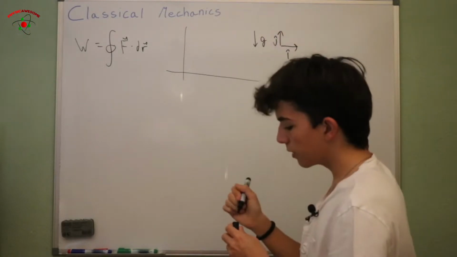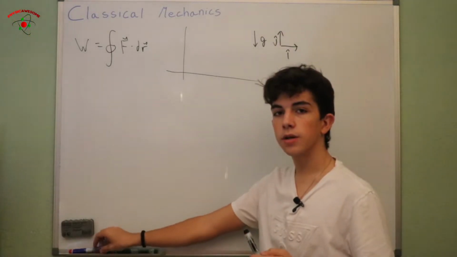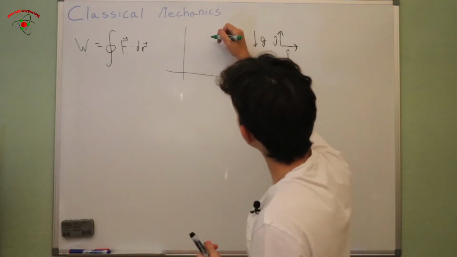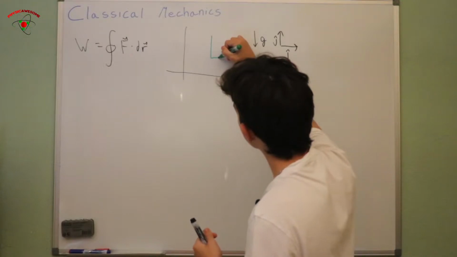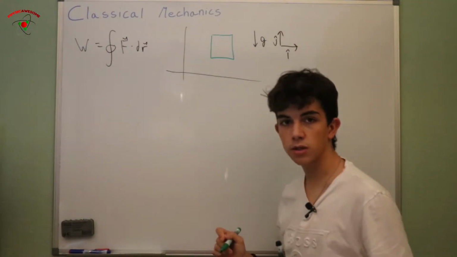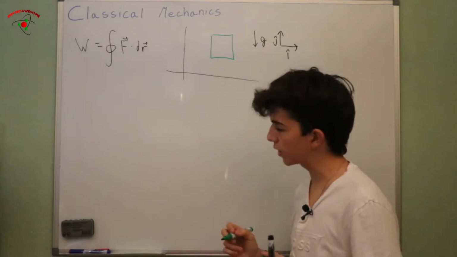The trajectory we're going to describe is going to be a trajectory like this. We're going to go down, then to the right, then up, and then left, so that it's going to be a closed trajectory.